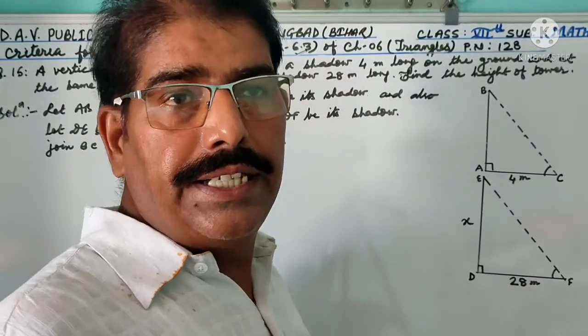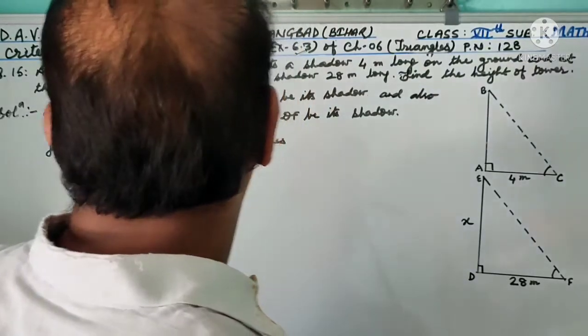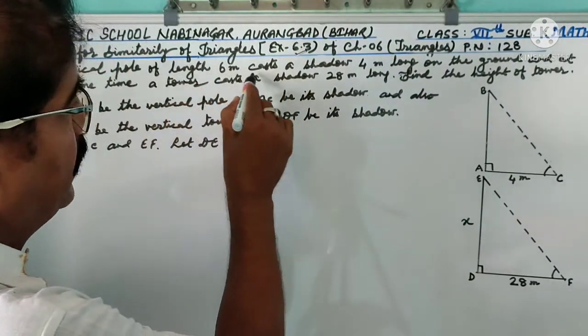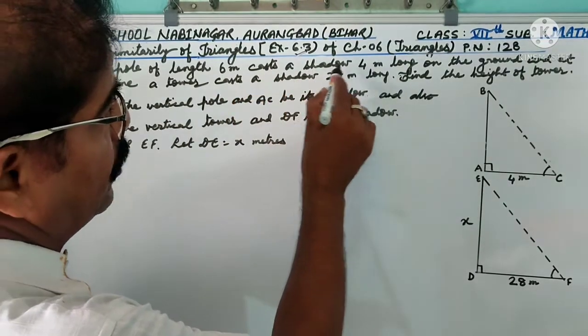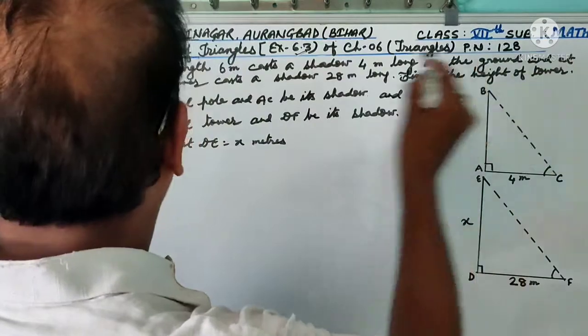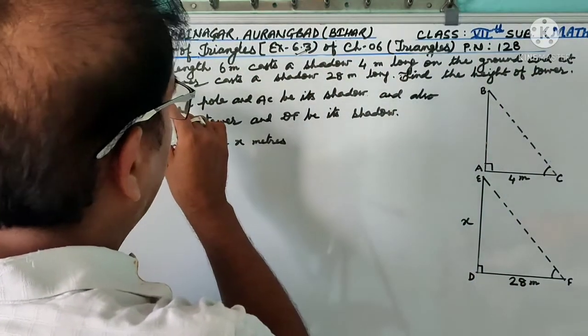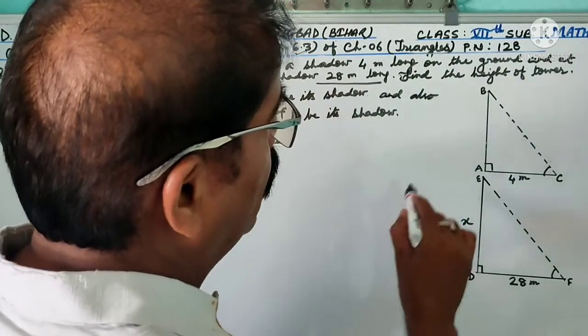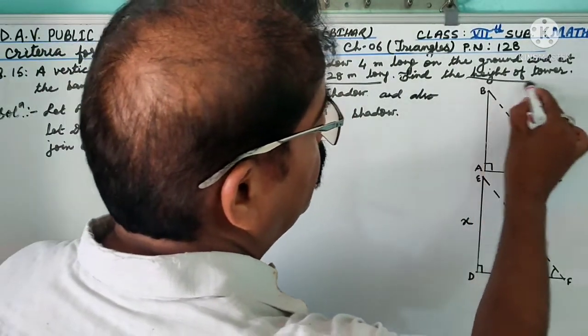Yes friends, next question number 15: a vertical pole of length 6 meters casts a shadow 4 meters long on the ground, and at the same time a tower casts a shadow 28 meters long. Find the height of the tower.